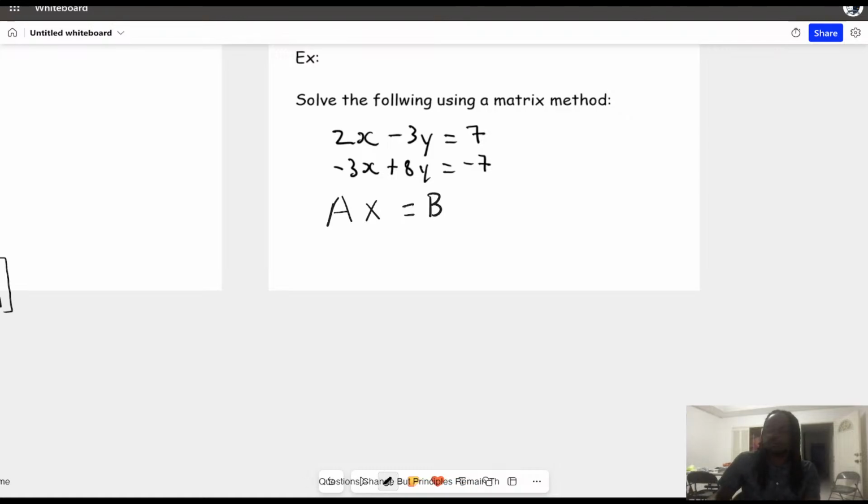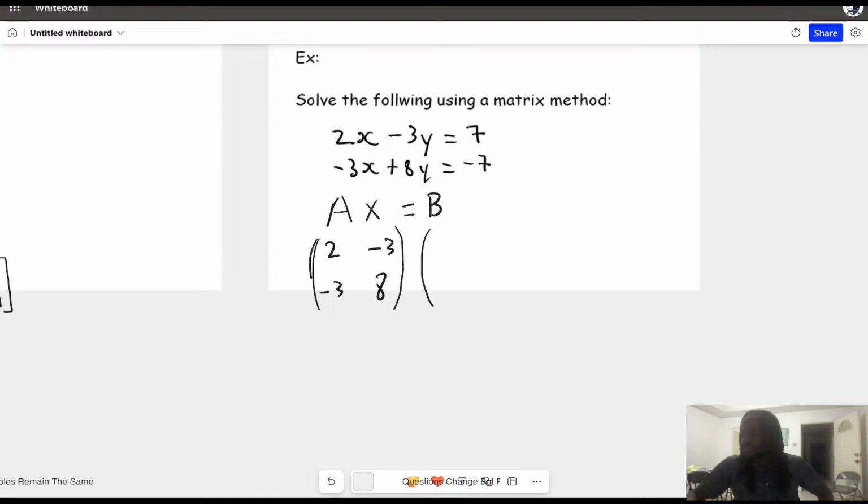What is A? A represents the coefficients. Again, you're in fifth form, so you're supposed to know the coefficients are the numbers attached to the variables, the letters. So I have 2, that's the coefficient of X there. Negative 3, that's the coefficient of that first Y. Negative 3 right here, that's the coefficient of the second X. And then 8, that's the coefficient of my second Y. Then the matrix X represents the variables.